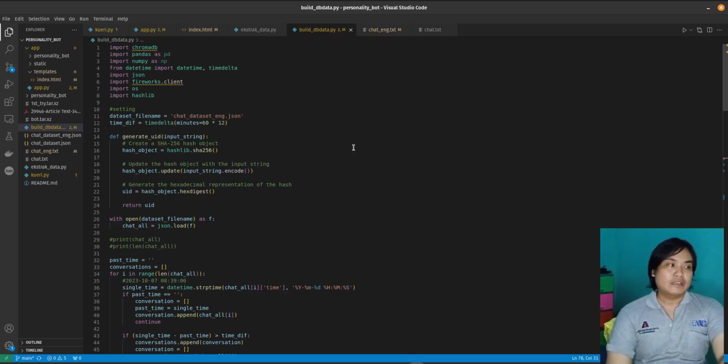Because I talk with my friend in Indonesian, the next step is I translated all of the content, since there's too much dialogue. I just used DeepL, you can search for DeepL on Google.